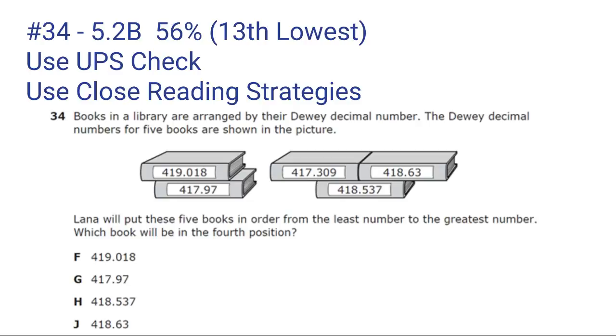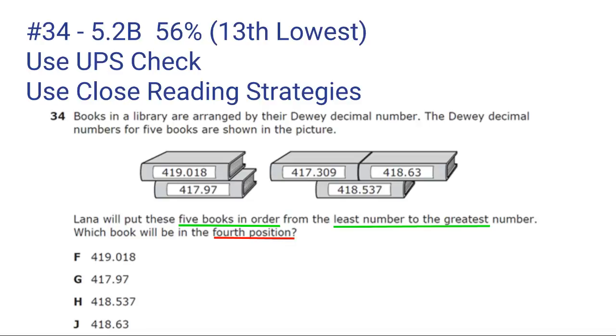Notice this was the 13th lowest item. Whenever you do UPS check, you can use close reading strategies, using annotations when you're doing that very first part of understand. So if you look at this particular problem, the kids can underline 5 books in order. We need to order them from least to the greatest, and we're looking for the 4th position.